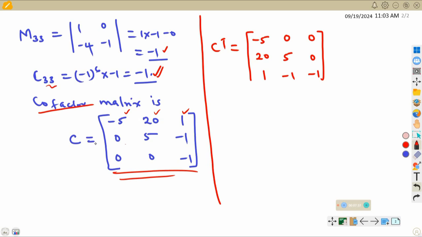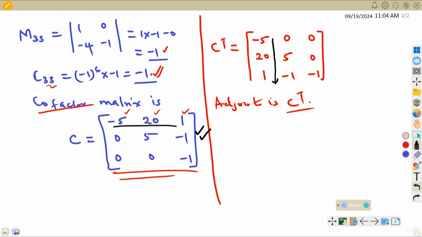So from there, since we are interested in getting the adjoint, remember that the adjoint is the same as the transpose of the cofactor matrix. So we shall need to get the transpose of the cofactor matrix. Remember that to get the transpose of this matrix, what has been the row will become the column.